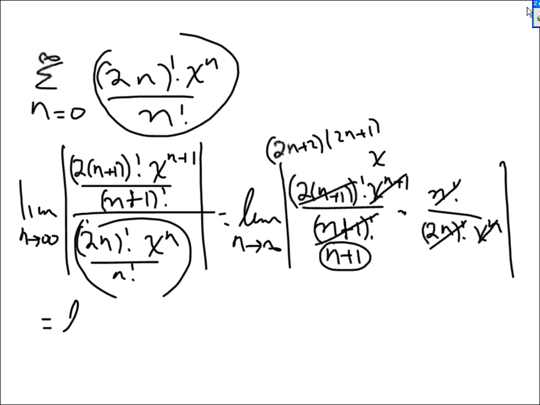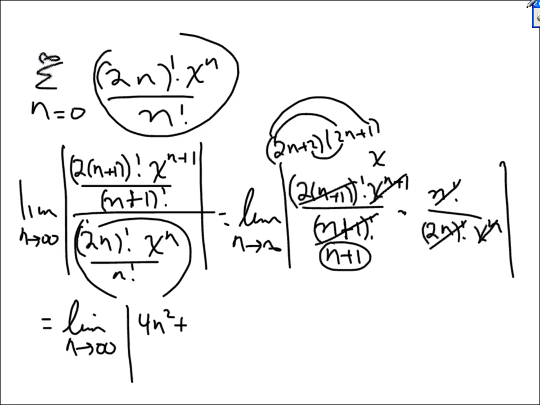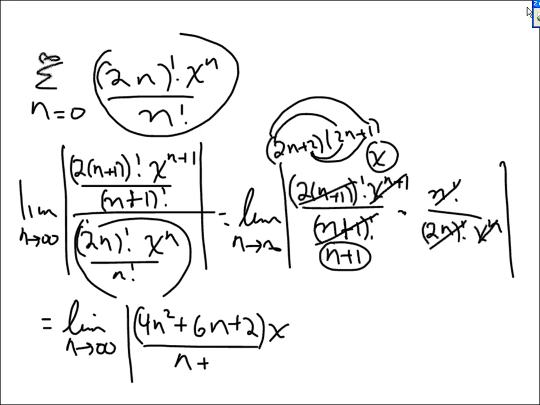So what you get is the limit as n goes to infinity. If you actually multiply this out, you'll get 4n squared plus 2n plus 4 more n, that's 6n plus 2, times x divided by n plus 1. This is infinity, because the degree of the numerator is bigger than the degree of the denominator.